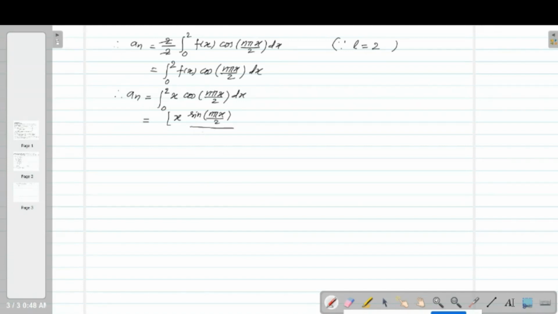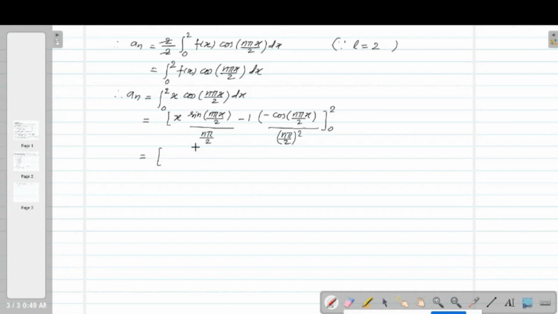What is the coefficient? n pi by 2. Minus derivative of this term x, that is 1, and integration of sine. Integration of sine is minus cos. Minus cos n pi x by 2, but divide by their coefficient n pi by 2. But n pi by 2 is already here, so this is n pi by 2 whole square. And providing limit 0 to 2.